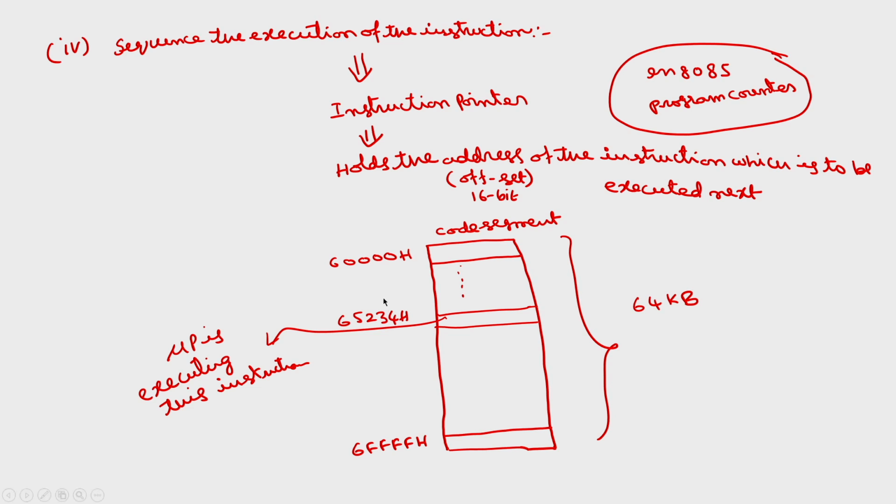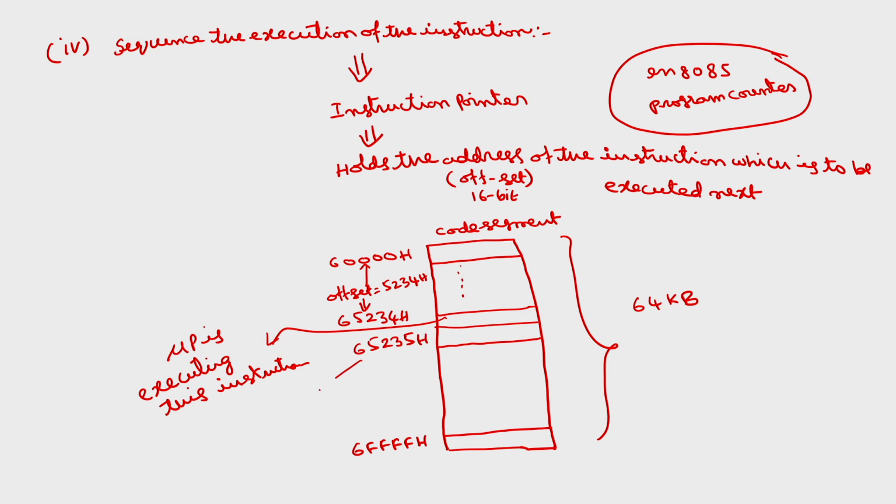Then from here to here, what is the offset? From here to here, the offset is the difference, 5234h. So, what is the address of the next instruction? If I assume that this is a single byte instruction, the address of the next instruction to be executed will be 65235h.